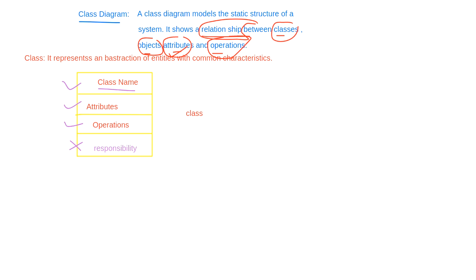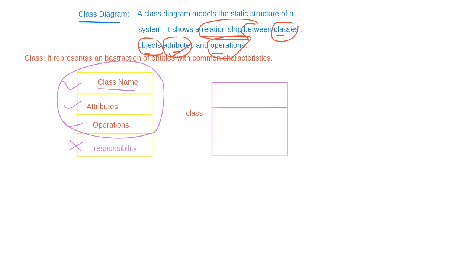And sometimes you will show the class with only two things: only the class name and only attributes. This is also another style in which you can show the classes in the class diagram.